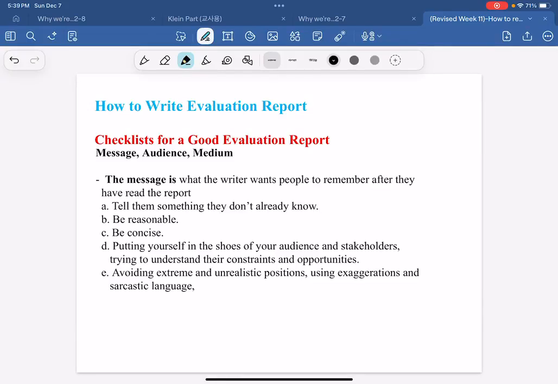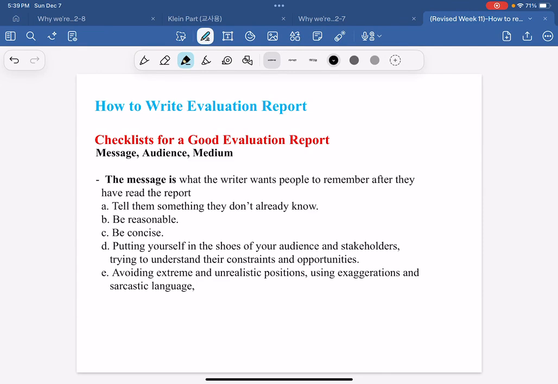The audience reads the paper report, and the message is very important. Effective and constructive messages help the audience easily understand what evaluators provide, what evaluators want to say.